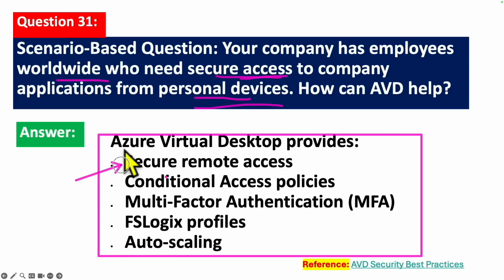When you explain about secure remote access, highlight the fact that employees can securely access their work environment from personal or company provided devices, ensuring productivity from remote locations. All the security is baked into Azure Virtual Desktop, or you have additional security controls you can put in place so that you can provide this secure experience for the users from their personal device.